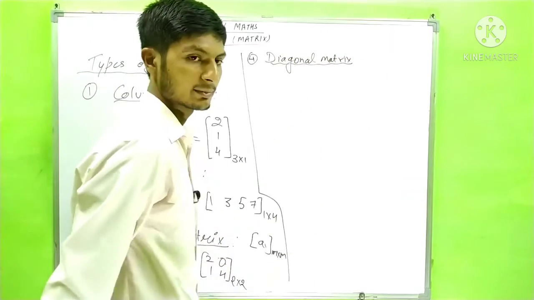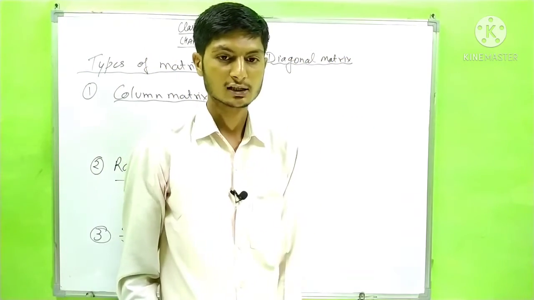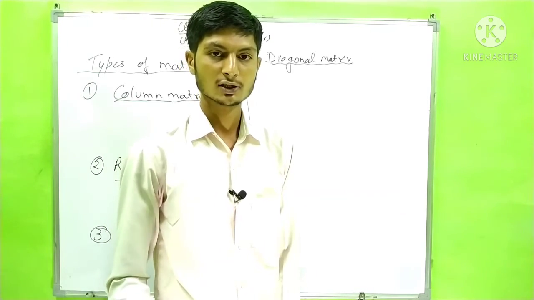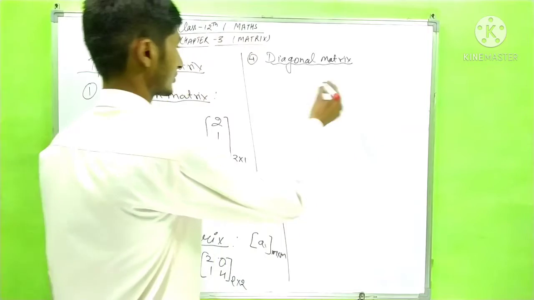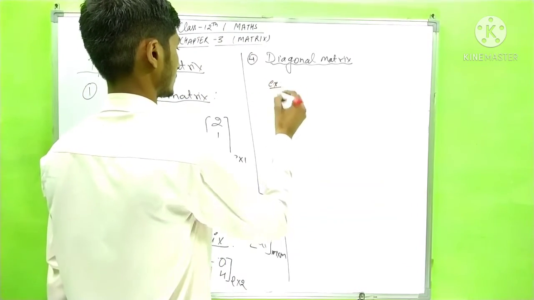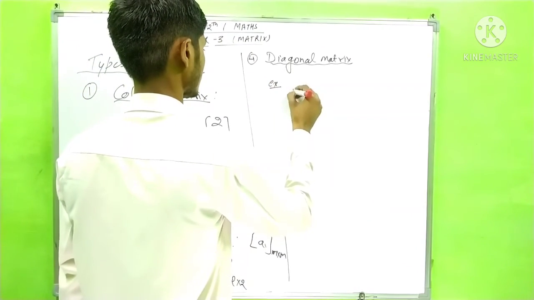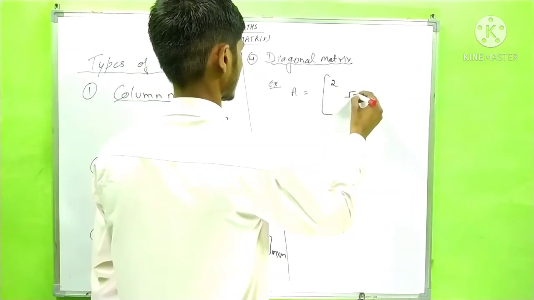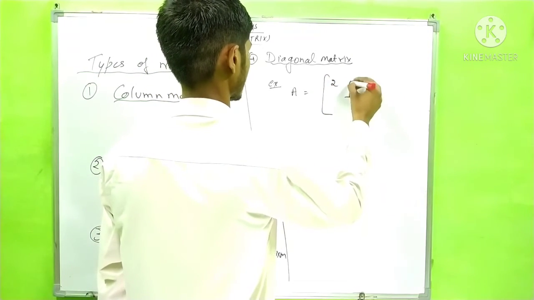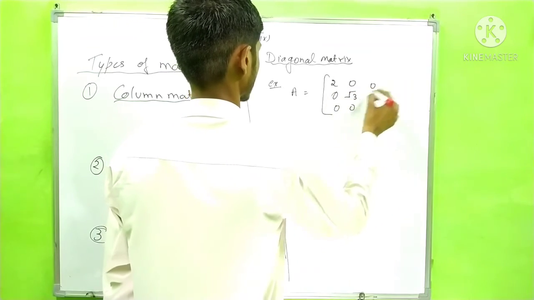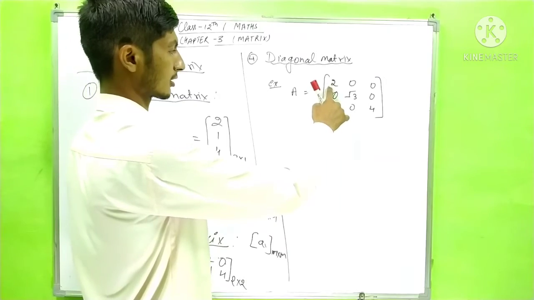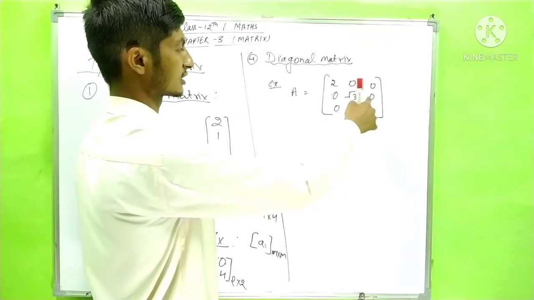And the fourth, a matrix is said to be a diagonal matrix if all its elements except the diagonal are 0. For example, here this matrix has all the elements 0 except the diagonal.